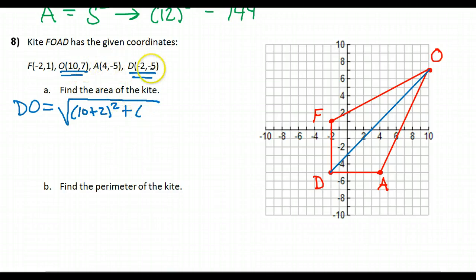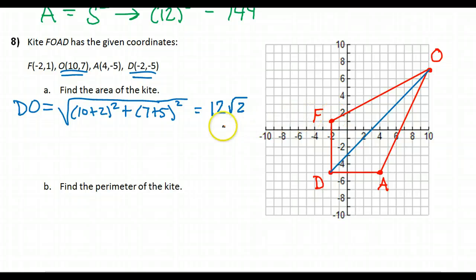And then y minus y, so 7 plus 5 squared. Put that in your calculator. All right, that is 12 radical 2. All right. That is one of the diagonals.